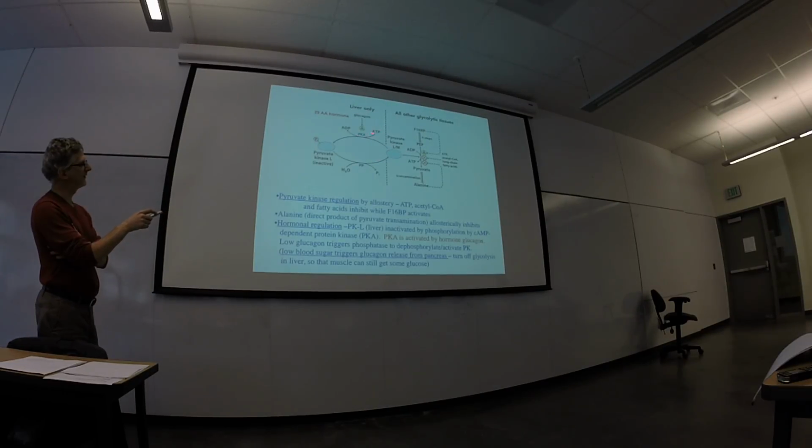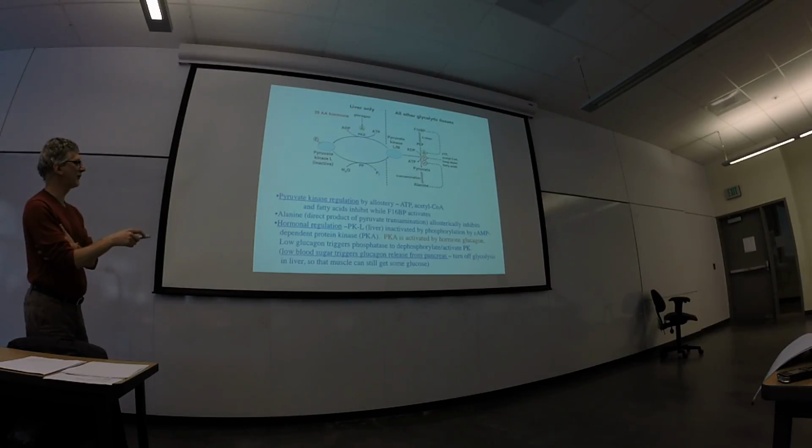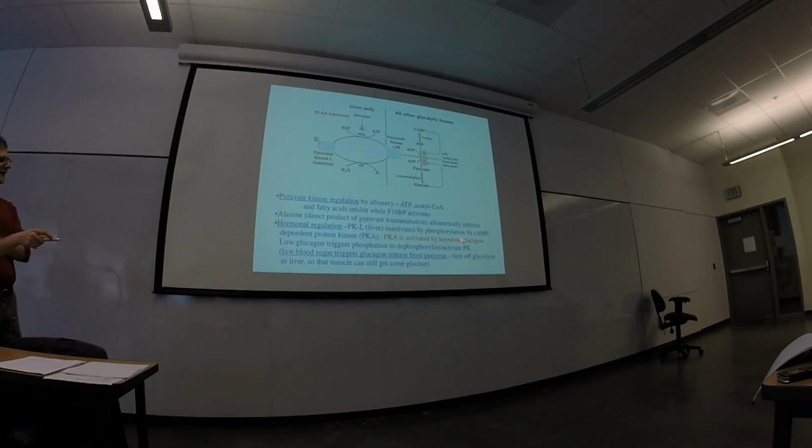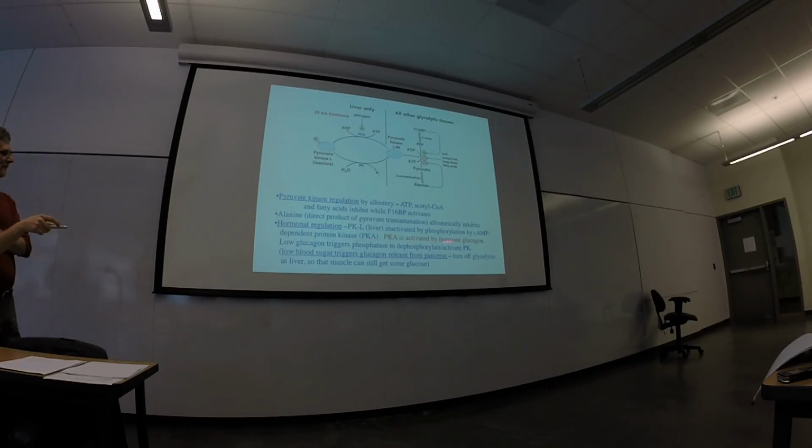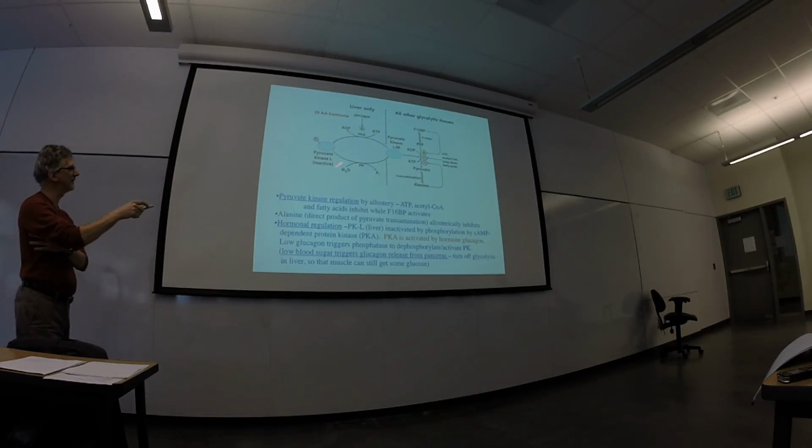It activates an enzyme called protein kinase, cyclic AMP dependent protein kinase. You recall what cyclic AMP looks like. It's just a metabolite with a cycle around the ATP phosphate, a single phosphate. And what that kinase does is it phosphorylates pyruvate kinase. When pyruvate kinase is phosphorylated, it is inactive.